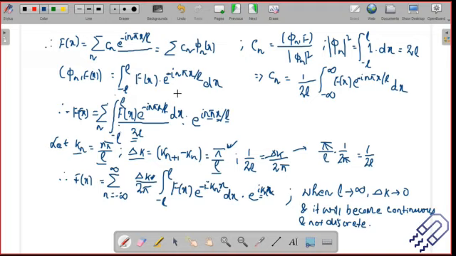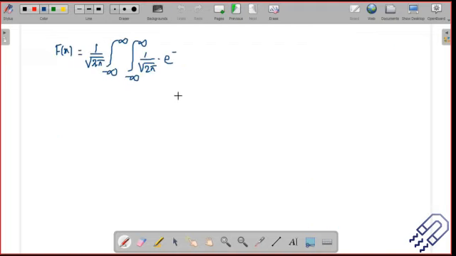Just take the conjugate. We have some numerical problems which we will be doing. So this can be written as e to the power minus i k x dx, and this is there.